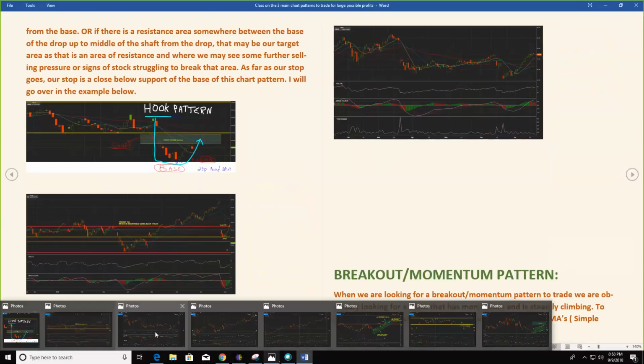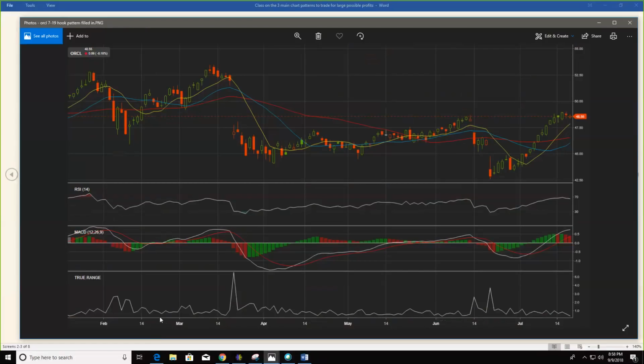All right, so this is a little bit smaller of a drop, but it was another one that I mentioned in the room back in June when it happened. I save all my charts that I share in the trade room, that way we can go back, teach from them, analyze them, and discuss them at a later date.